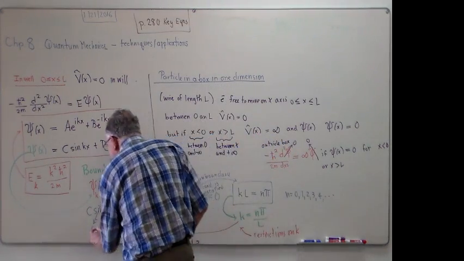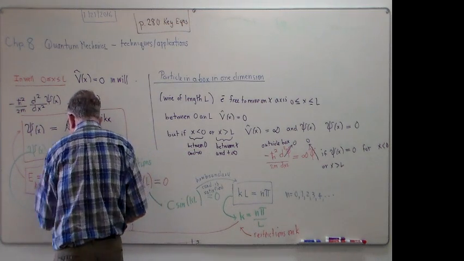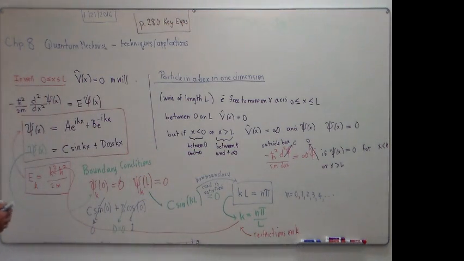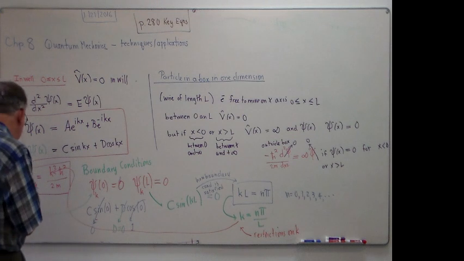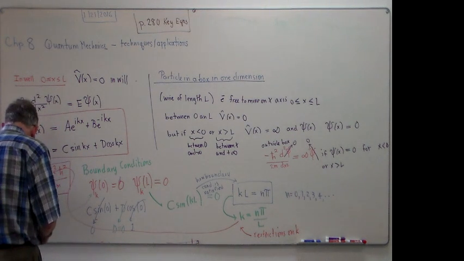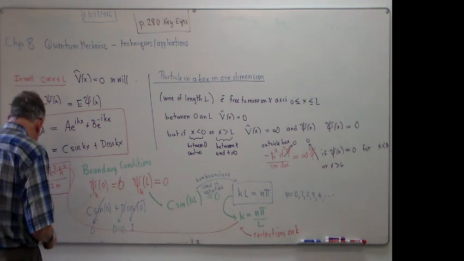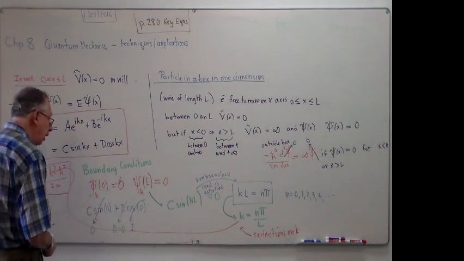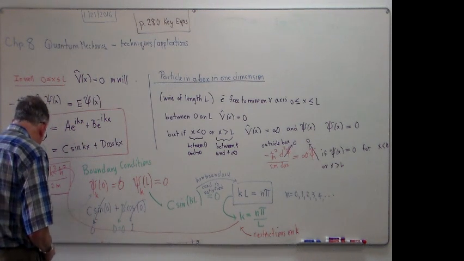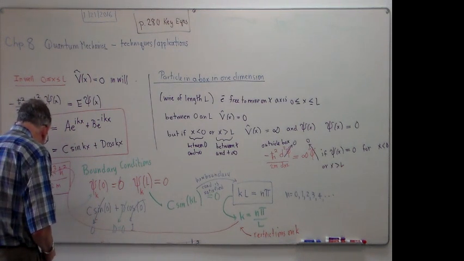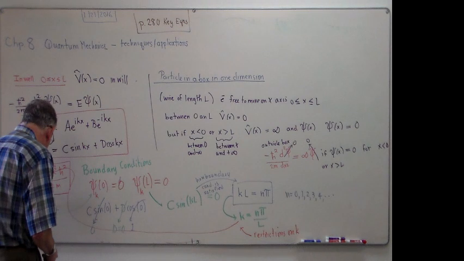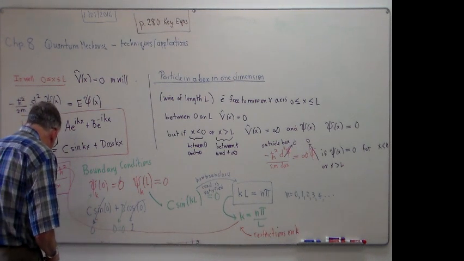You bet. We can go right into here and substitute this quantum condition. Now the energies become E sub n, and let's put k squared in there. n squared pi squared over L squared times h bar squared over 2m.